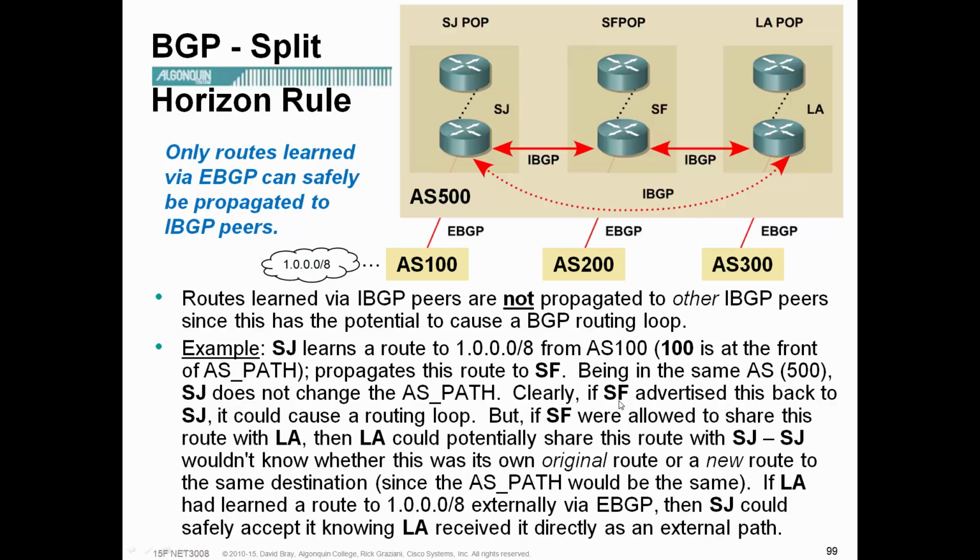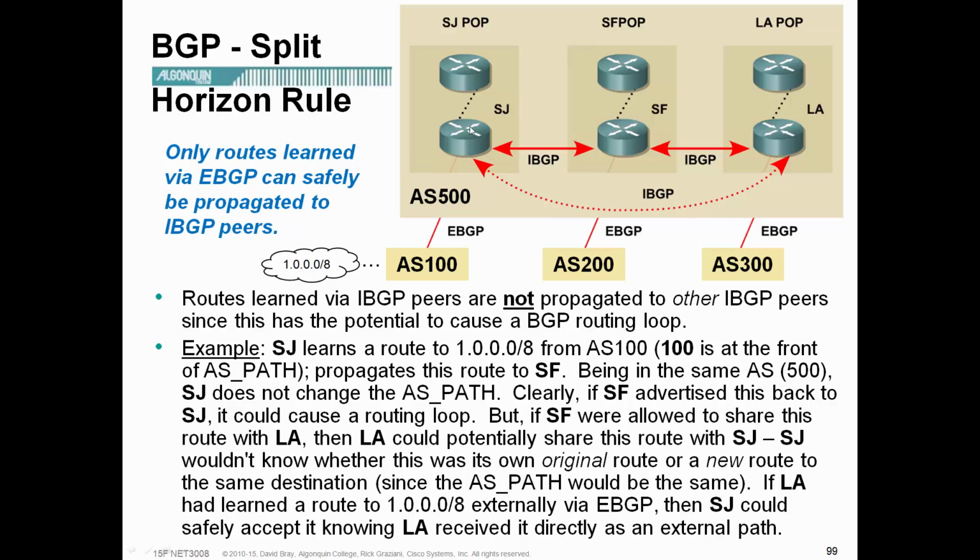So suppose SF were allowed to share this route with LA? Then LA could potentially share this route eventually back with SJ. And SJ wouldn't know whether this was its own original route, like what we said couldn't happen, SF coming back to SJ, but now it's coming back this way via LA.